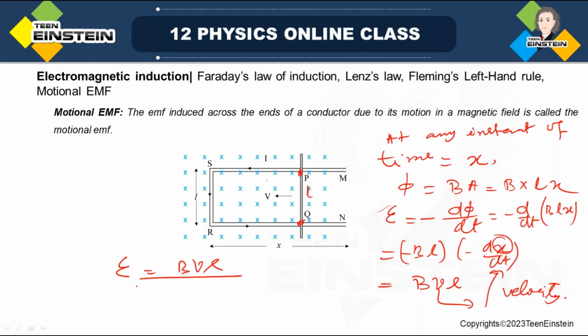So we have got BVL as the motional EMF, where B is the magnetic field, V is the velocity of the conductor, and L is the length of the conductor, that is, the length between P and Q. And x is arbitrary, and from time to time it changes.